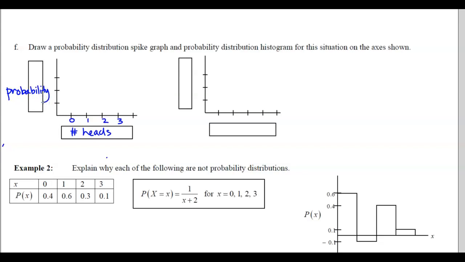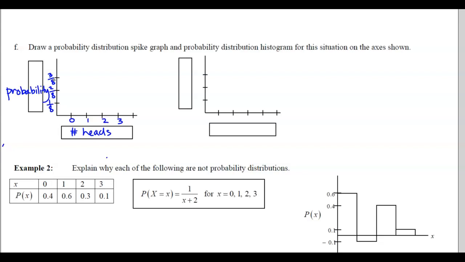Okay. So, vertical scale. We have values of 1/8, 3/8, 3/8, and 1/8. So the smallest is 1/8, the biggest is 3/8. Take a look, we've already done some scale markings for you. I would make each one 1/8. And 2/8 is really 1/4, but that makes it equally spaced. You always have to do that.